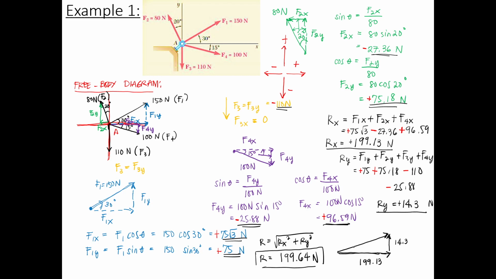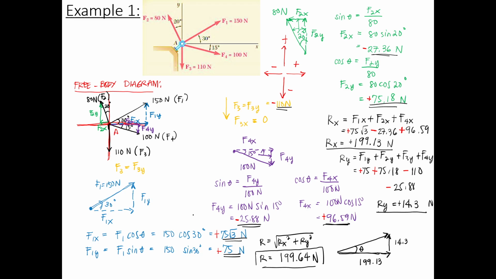Okay, so if you want to get the angle, again, you're going to use the tangent function. I think it's a bit complicated, but you can just go with the flow here because I represented each force with a different color.